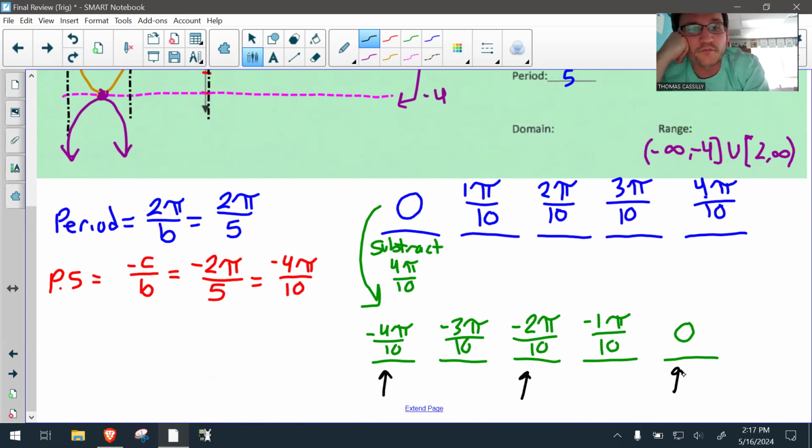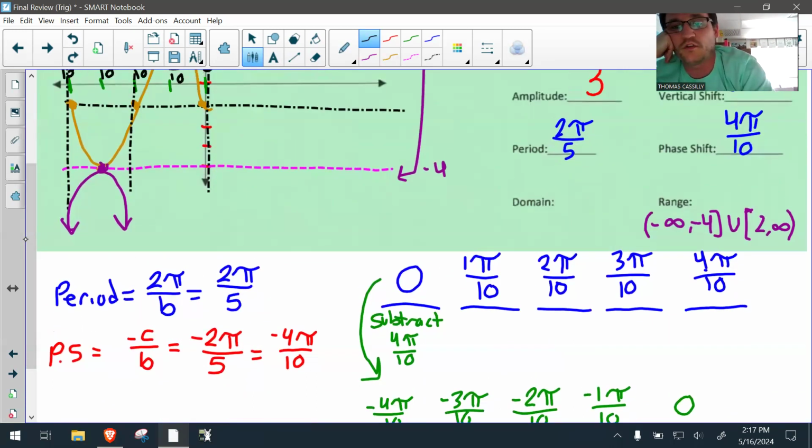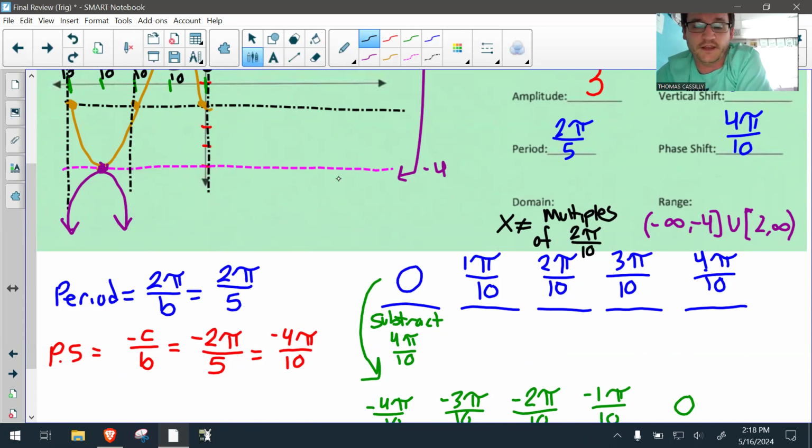Those are all even numbers. So for the domain, we're going to say x cannot be equal to multiples of 2 pi over 10, or pi over 5 if you wanted to think of it like that.